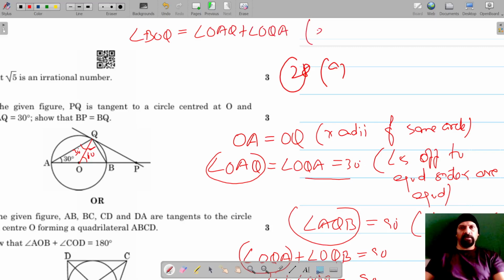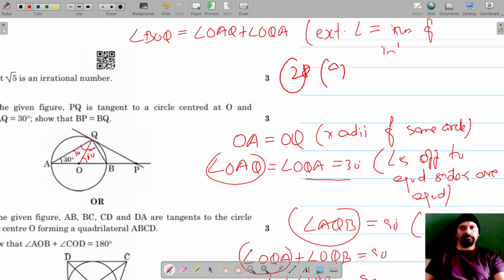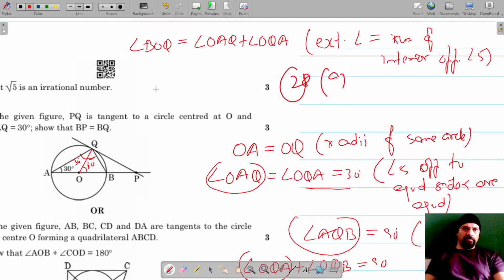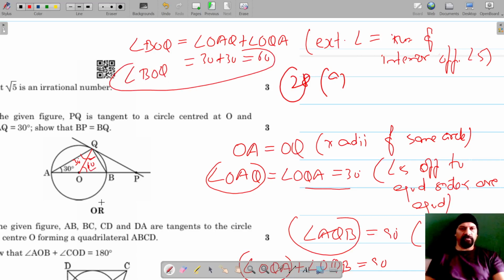The reason being, the exterior angle is equal to the sum of interior opposite angles. Okay, now this gives me angle OAQ is equal to 30, and this is 30, which gives me 60 degrees. So angle BOQ is 60 degrees.